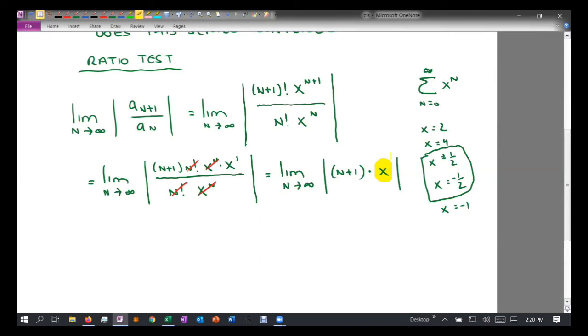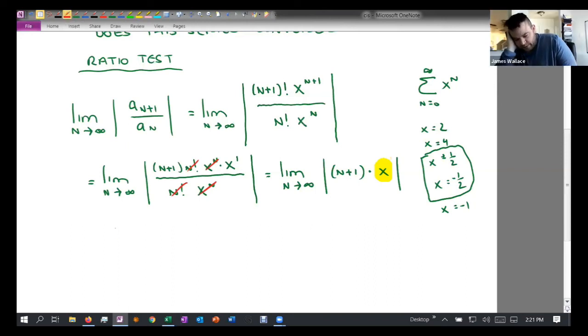There is one value of x that I could pick that would totally kill the n plus 1: 0. If x was 0, this thing would be 0, and that would be less than 1. But if x is anything other than 0, then it's going to diverge.